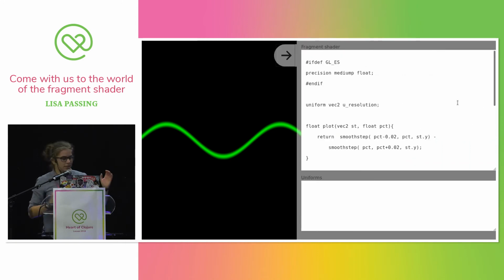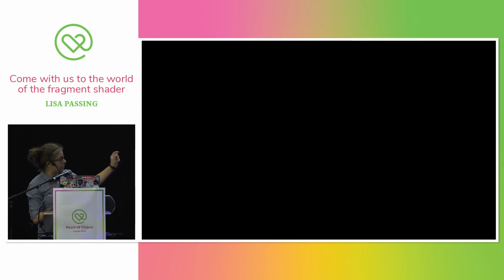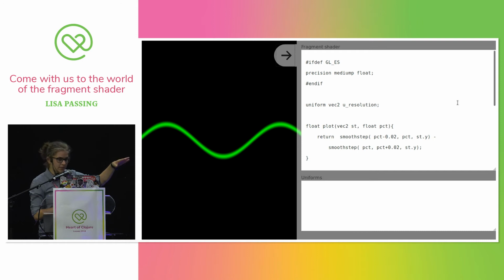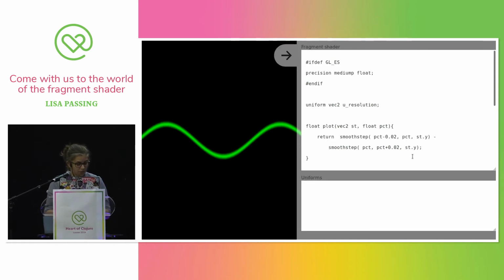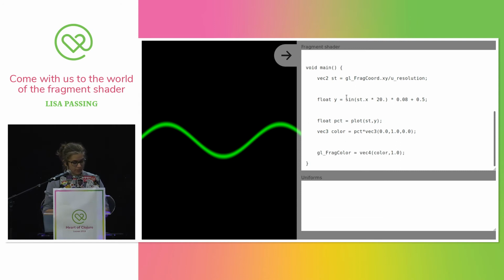I skewed it a little bit because we're still dealing with a 0 to 1 coordinate system here, so I made it a little bit smaller so we can see the oscillation a little bit more. But the only thing that actually matters here is this line.